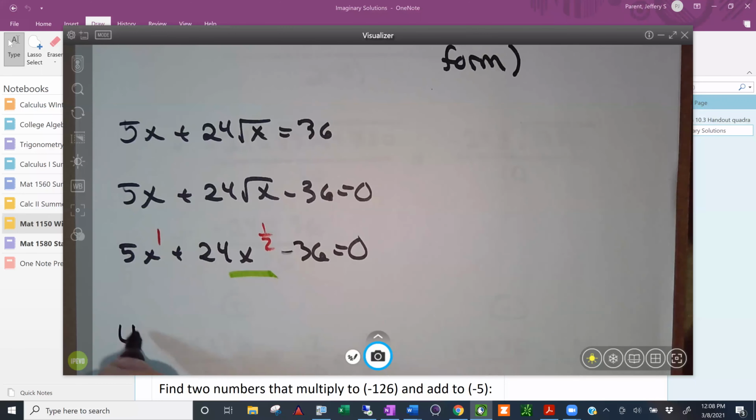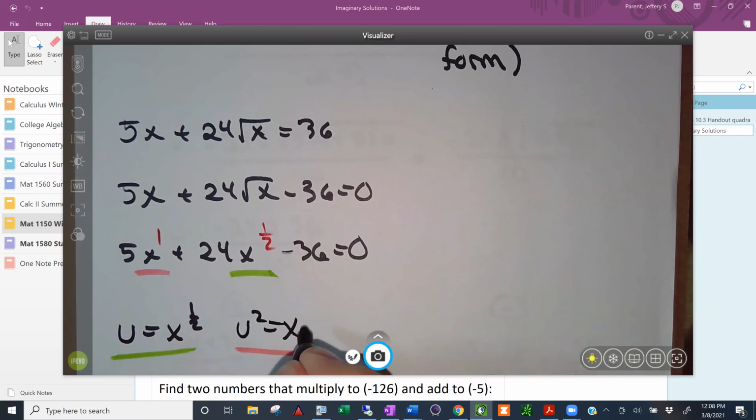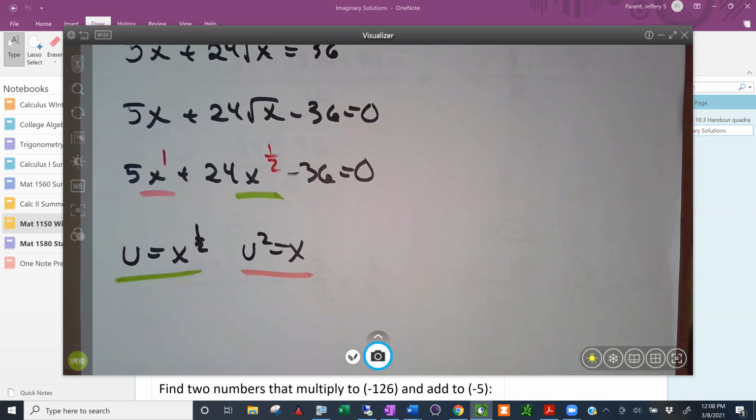Now u is going to equal this middle term, x to the 1/2. And automatically, because this is quadratic in form, you're going to get u squared equals x to the first power, or just x. And that's going to allow us to rewrite this in a more comfortable and familiar form.